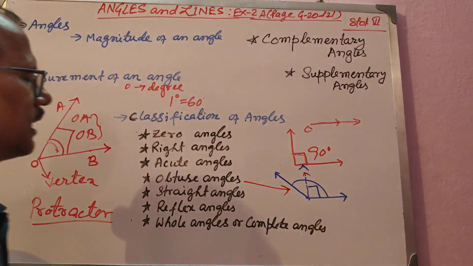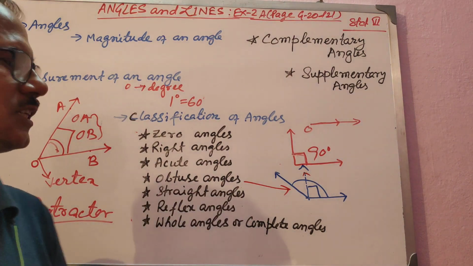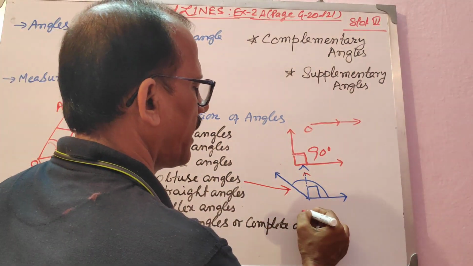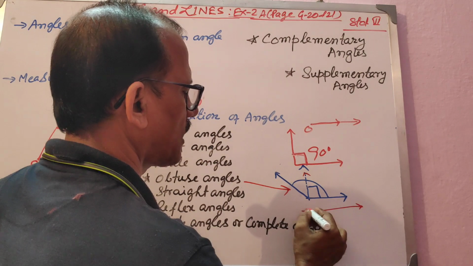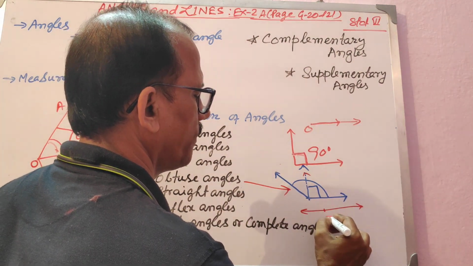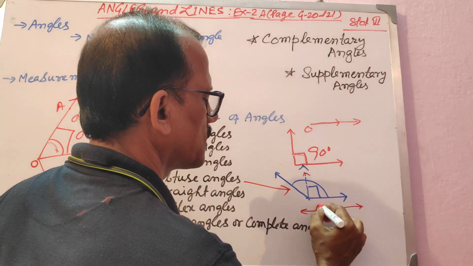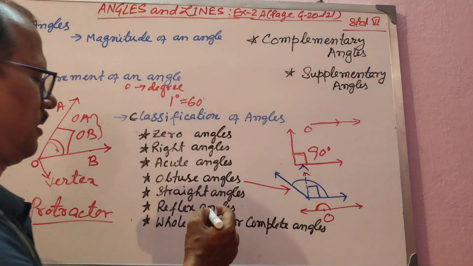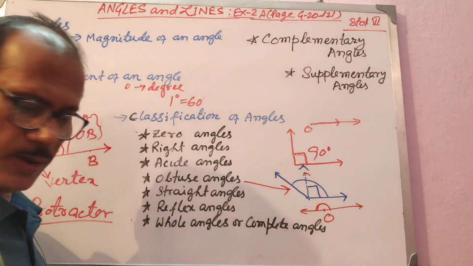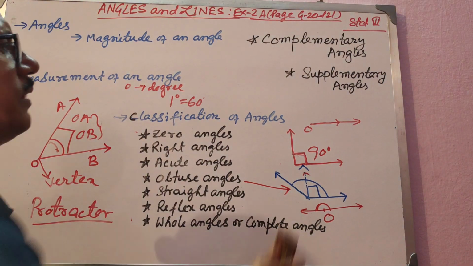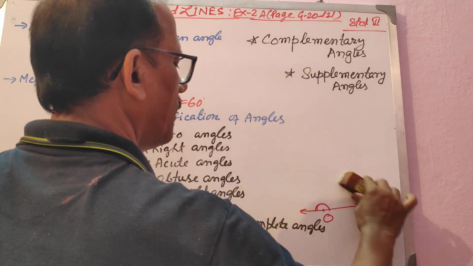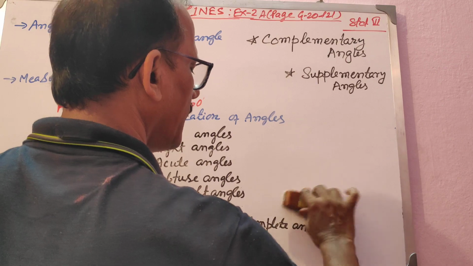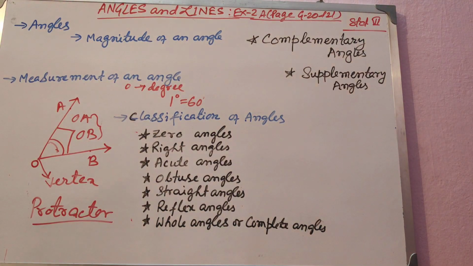Could you understand? Now moving on to the straight angle, I said to you, on a straight line, any point, if it is point O, is forming a straight angle. Could you understand? Now what is a reflex angle? A reflex angle means when the opening becomes more than 180 degrees but less than 360 degrees. What will 360 degrees be?